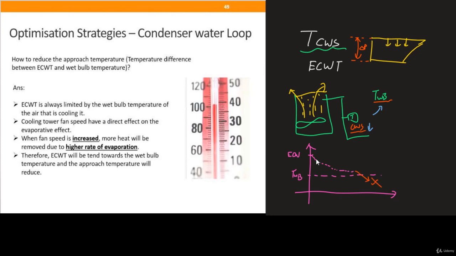Okay? And the gap between this part is your approach temperature. So the gap here is your approach. The best is you can reduce this approach temperature as much as possible in order to have a very low entering condenser water temperature.